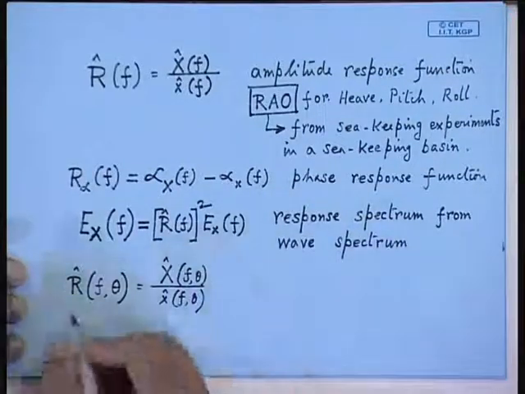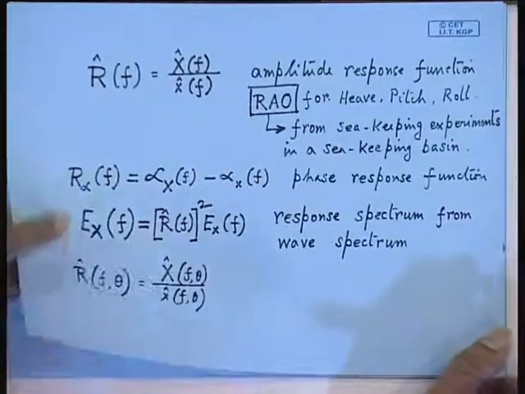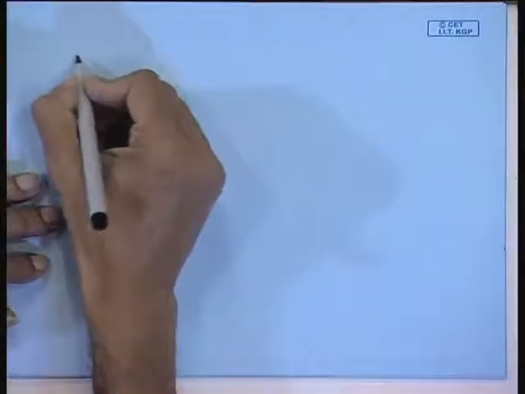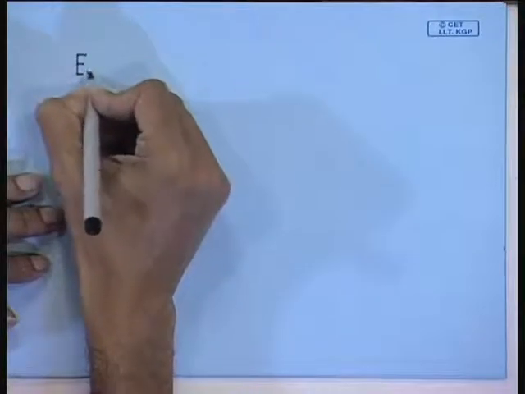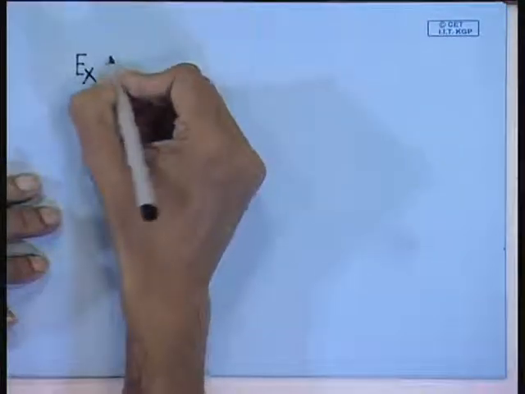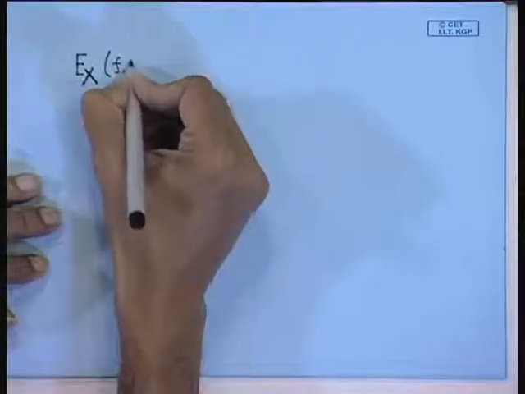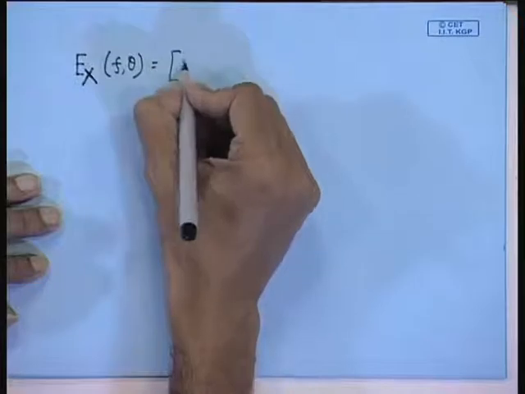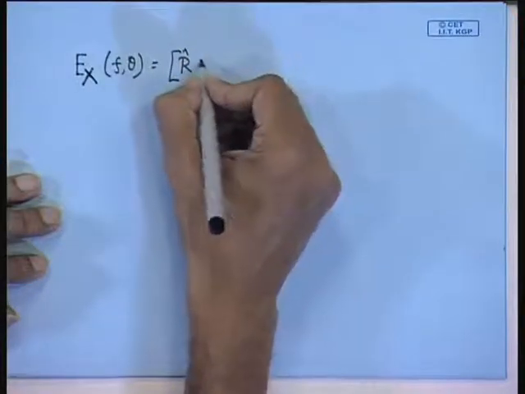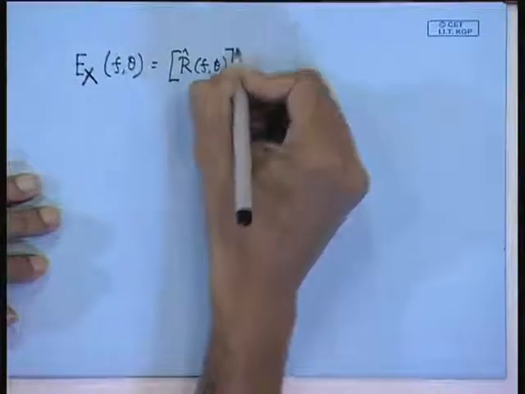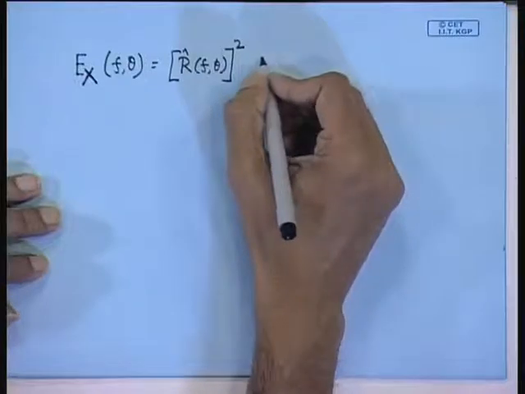So, if you get RF theta, obviously your response spectra will be, so this you write in bigger terms. So, this is f theta, you just square this one. So, this will be R f theta square, you square it and replace x.